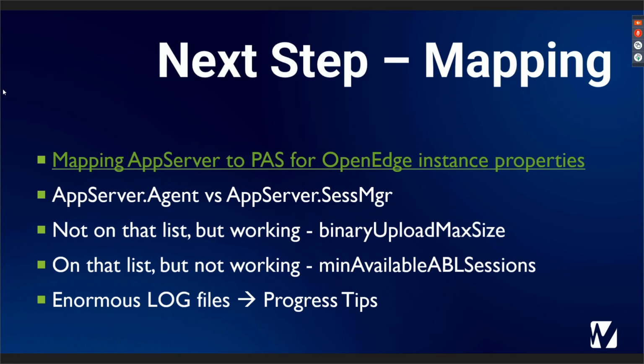And by enormous, I mean we had even more than 1 gigabyte size of the log file, and that was due to the fact that the scheduler appserver that we were using, the one that was running from time to time, was logging a lot of information in there. So we asked for Progress help, and then we got some Progress tips.